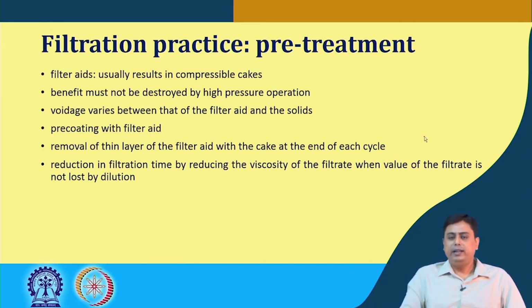Sometimes the filter medium is pre-coated with these filter aids, so that from the initial deposition itself there is higher voidage and lesser resistance for the filtration, but the filtration is happening at a constant rate. During the removal, a thin layer of filter aid is also scraped with the cake at the end of each cycle. These are the practices.